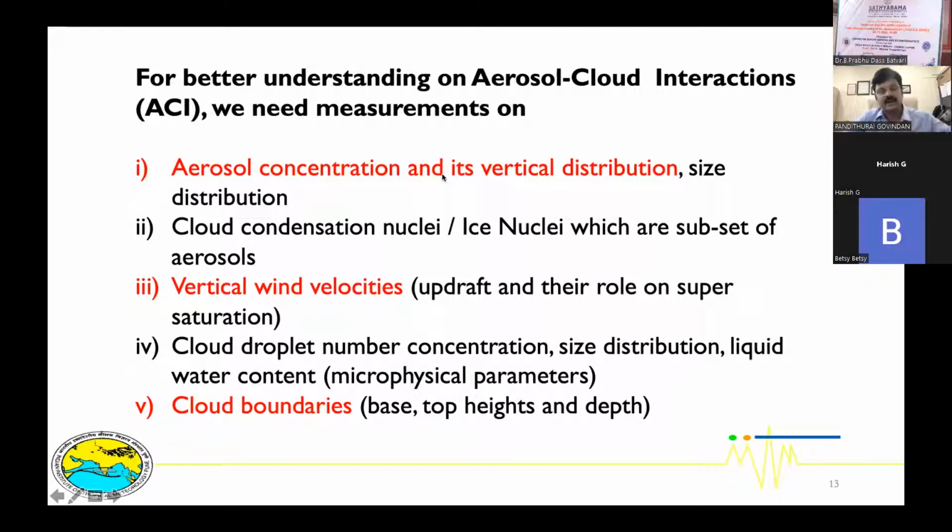So LIDAR can be used in deriving the vertical distribution of aerosols and aerosol extinction coefficient. I think the previous speakers have already covered a lot of the basics, the LIDAR equation, retrieval techniques and all. So these are the parameters which LIDAR can contribute.